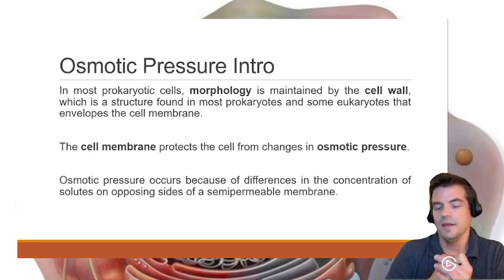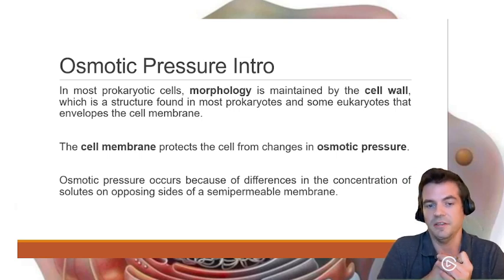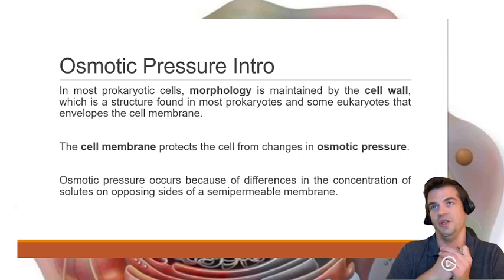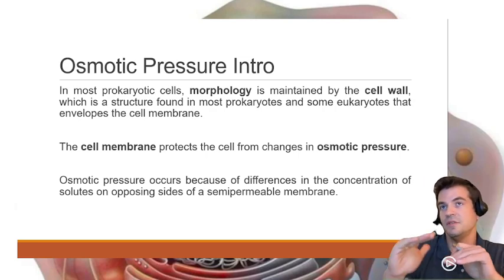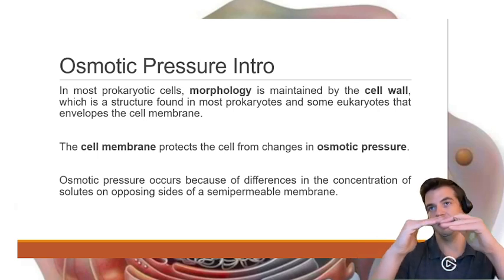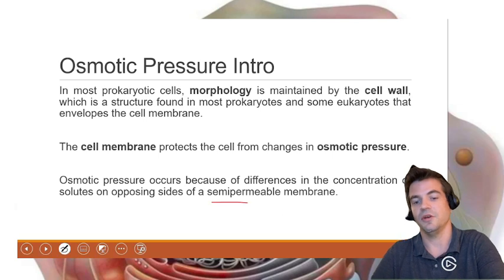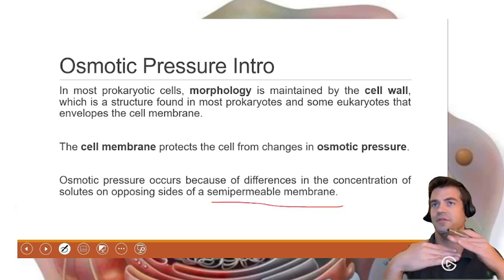The cell membrane protects the cell from changes in osmotic pressure, but only so much. Osmotic pressure occurs because there are differences in concentration of solutes on opposing sides of the semipermeable membrane. What is our semipermeable membrane in a cell? Well, it's that phospholipid bilayer.